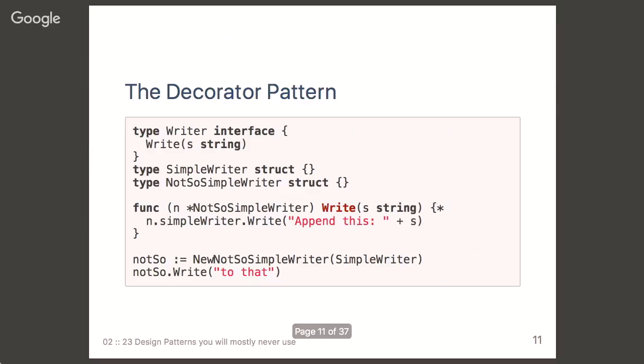And using the example of a writer, we have a simple writer and we have a not so simple writer. So when we create an instance of the not so simple writer, what it's actually doing is just decorating the simple writer. So when I call write, what I'm actually doing is appending some information to the simple writer before I push it out to the output.